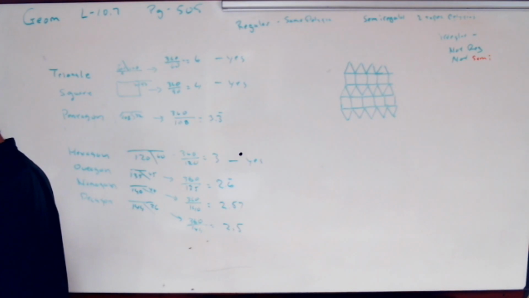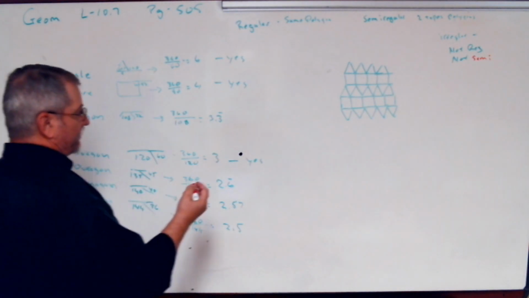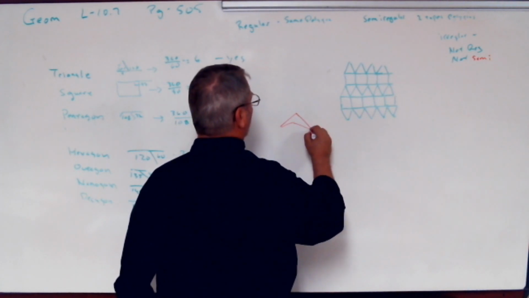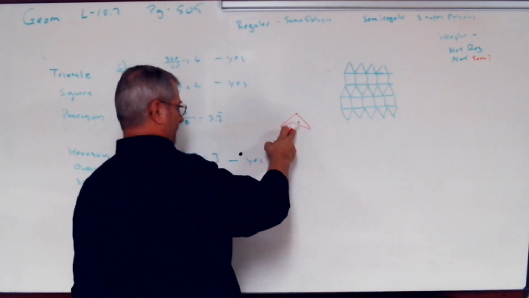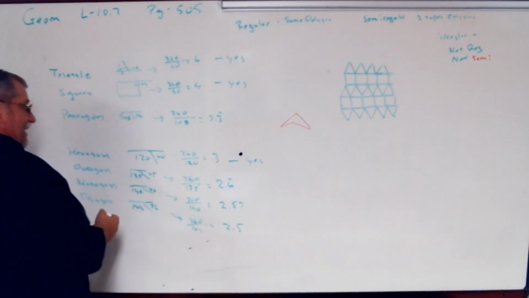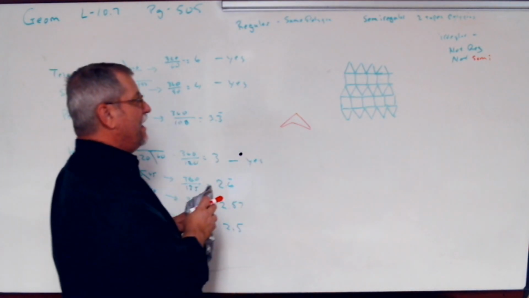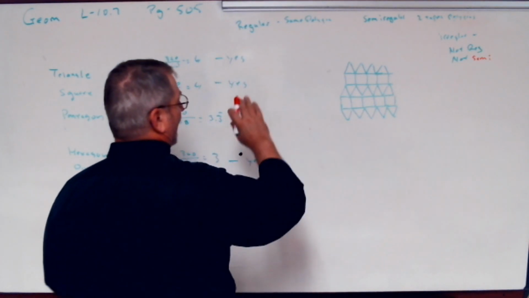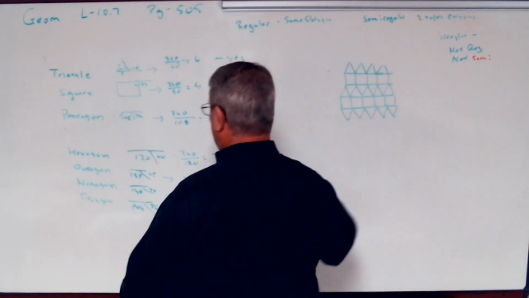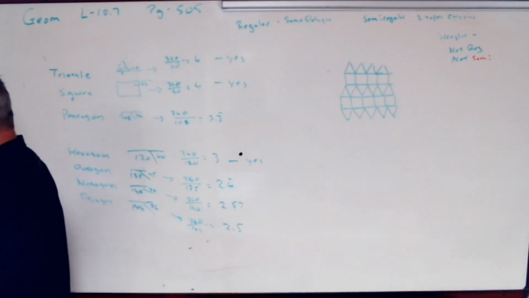One of the polygons used looks like this. That's not a regular polygon. There's nothing wrong with it, I'm using the same thing over and over again, but it's not regular and it's not semi-regular, therefore it's irregular. There's no law against it, it just makes it irregular.